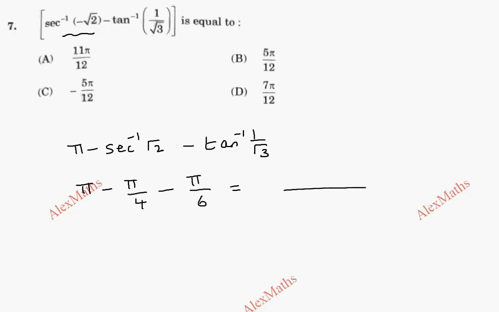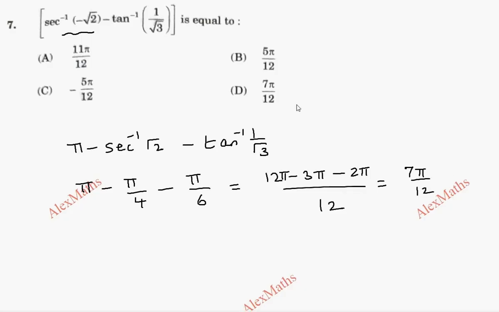So we can take LCM, which is 12, and this is 12 pi minus 3 pi minus 2 pi. So it is actually 12 minus 5, which is 7 pi by 12, which is present in the option D.